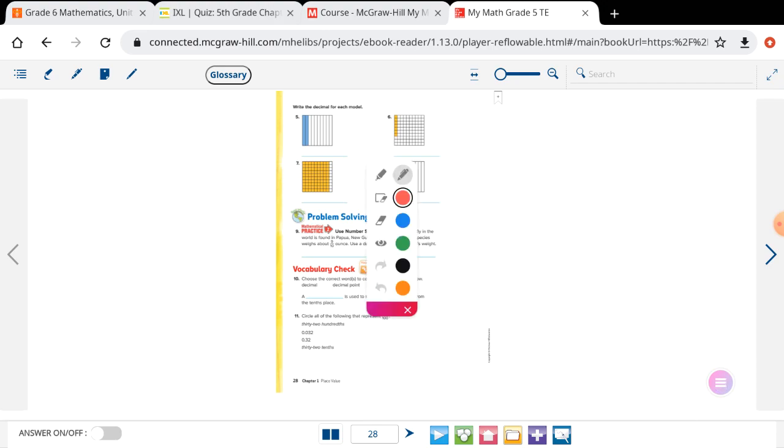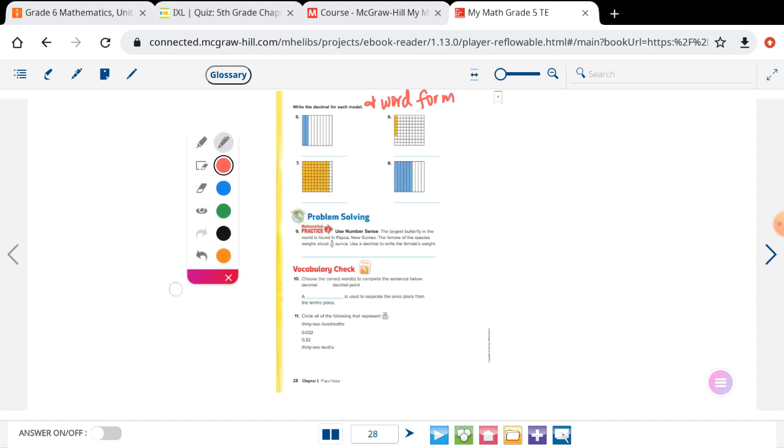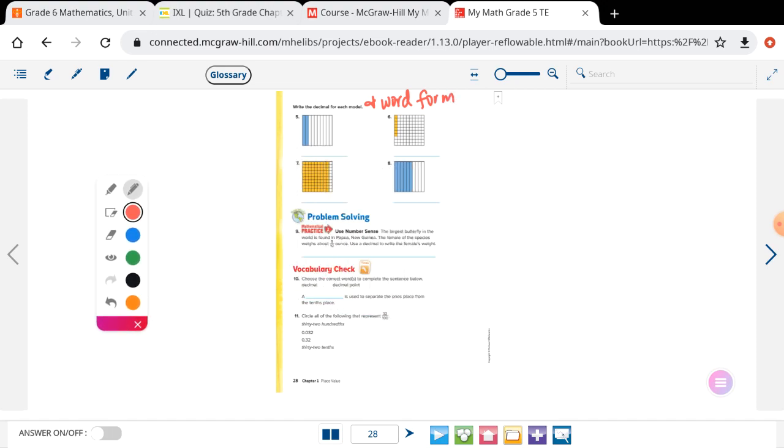So write the decimal for each model and word form. And then you can mark off number 9, number 10, and I want you to try 11. And it sounds like a lot, but it's less than 15 problems on all 4 of those pages. Okay? So, you have about 7 minutes to get started, so go ahead and get started.